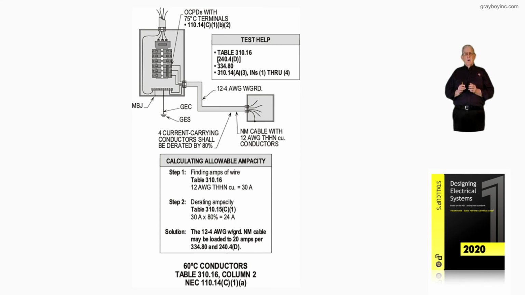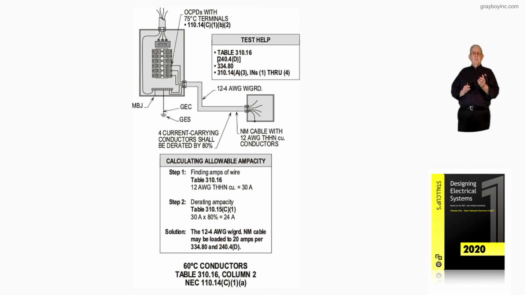So step 1, we're taking the number 12 THHN or XHHW inside the cable, the insulation around the wire, and we're using the 90-degree column. So either way, if that number 12 in step 1 is THHN, 90-degree column, or XHHW, 90-degree column, we could use the 30 amps in the 90-degree column to apply the 80% to give you 24.